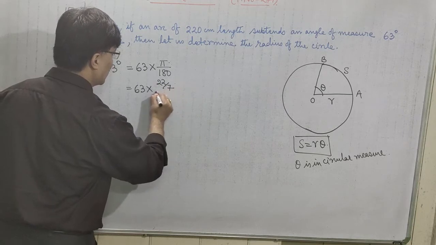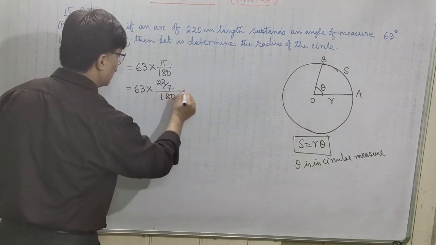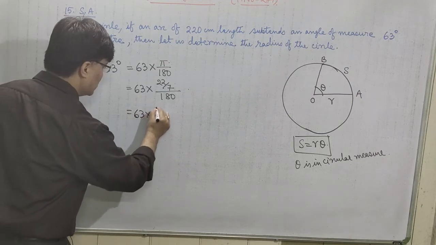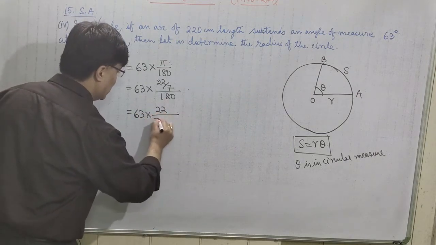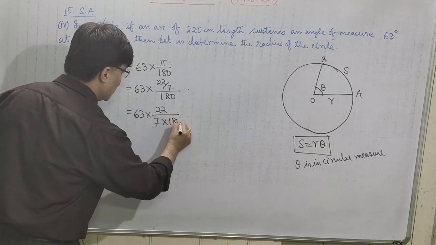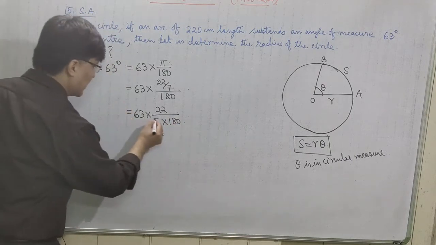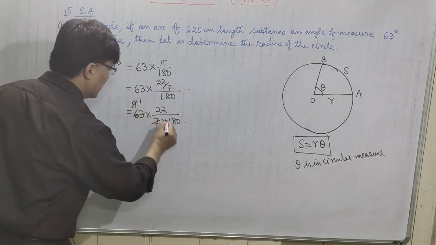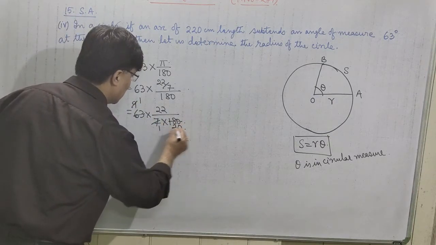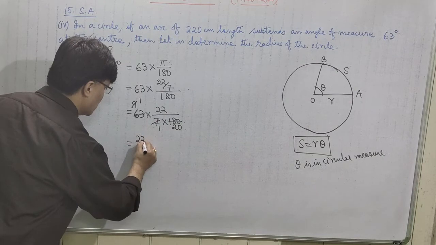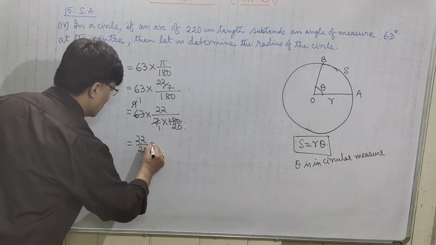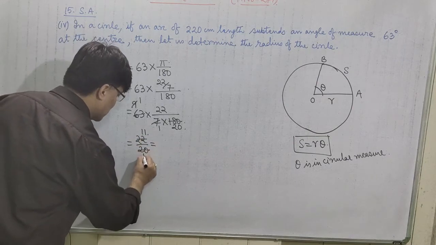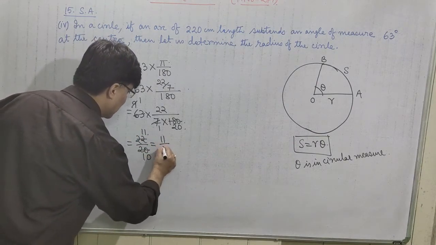Pi is 22 by 7 divided by 180, which is equal to 63 into 22 divided by 7 into 180. So you can cancel here. 7 ones are 7, 7 nines are 63, 9 ones are 9, 9 twos are 18, 0, which is equal to 22 by 20, which is equal to, what is here? 2 11s are 22, 2 10s are 20. That is 11 by 10.